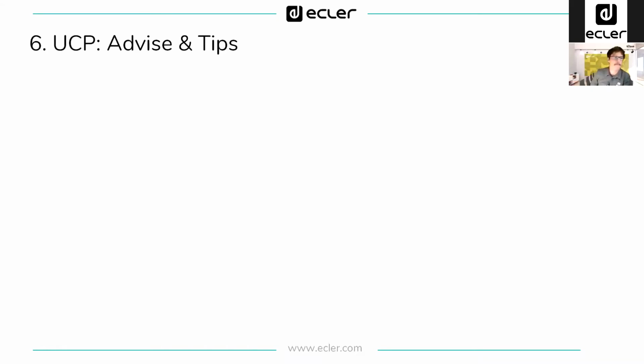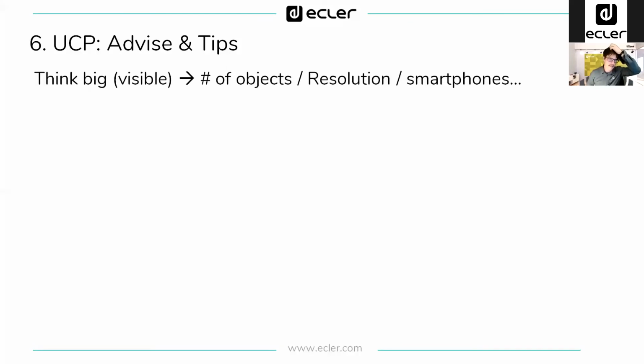Okay, UCP, advice and tips. Think big, okay? These are several pieces of advice for making UCPs. You have to think about the number of things you have to put in a UCP.